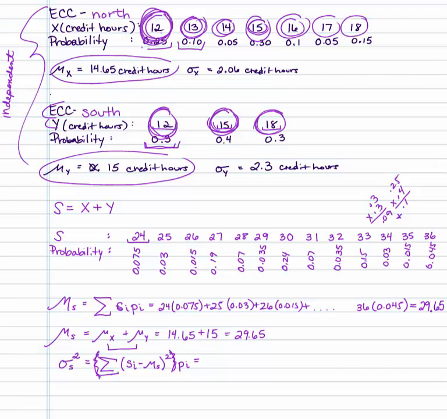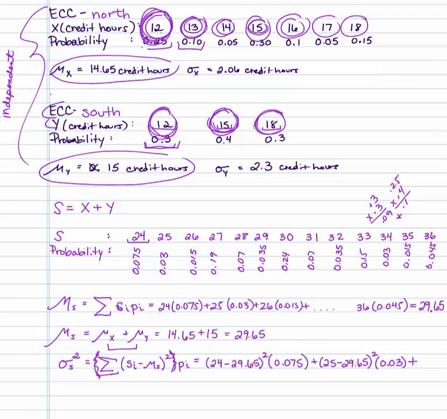So it would look like this. It would look like 24, take away the mean, 29.65, square it, and multiply it by 0.075. Add it to 25. Take away the mean, square it, and multiply it by 0.03.